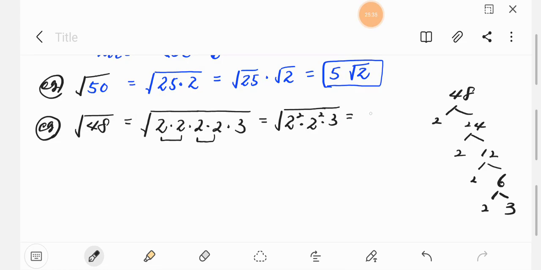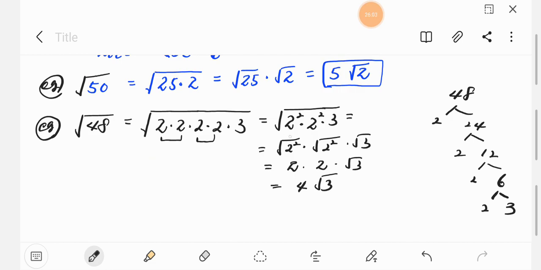So you can separate this into square root of 2 squared, times square root of 2 squared, times square root of 3. So this is 2 times 2 times square root of 3. Then finally 2 times 2 is 4, so 4 times square root of 3. So it is much easier to do the factorization and then make the factors squared.